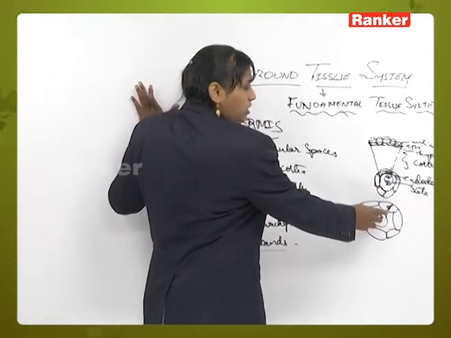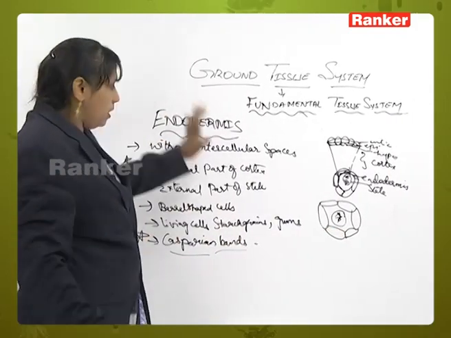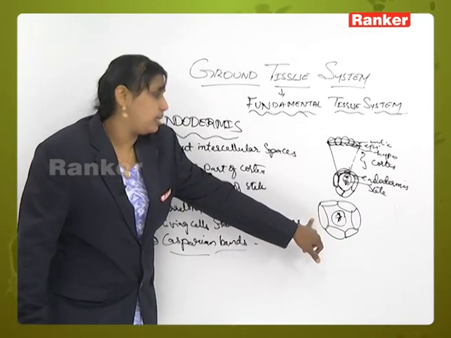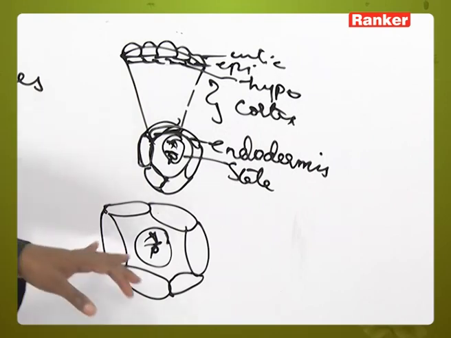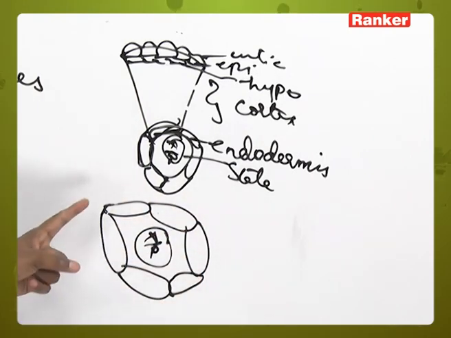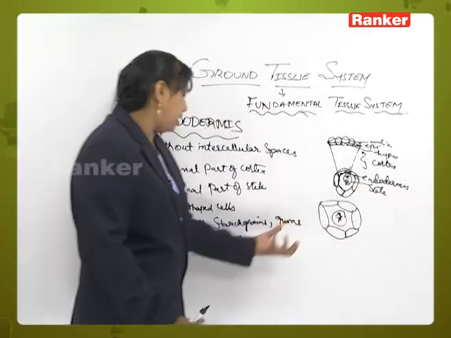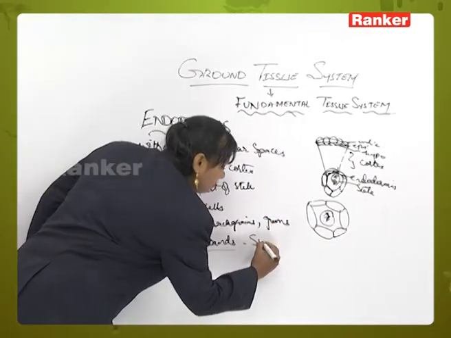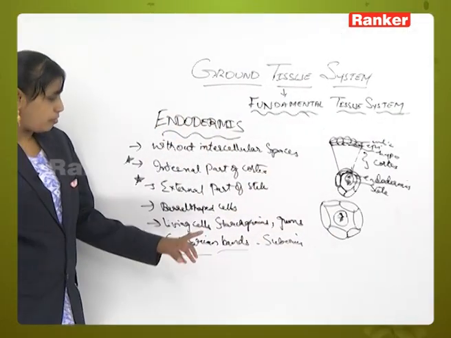These endodermal cells are made up of a sheet of cell wall covering type. Normally what is the cell wall made up of? The cell wall we have studied till now is made up of cellulose, pectin, lignin, and so on. But here, compared to the normal cell wall, this cell wall is made up of suberin, and it is present in the form of bands.